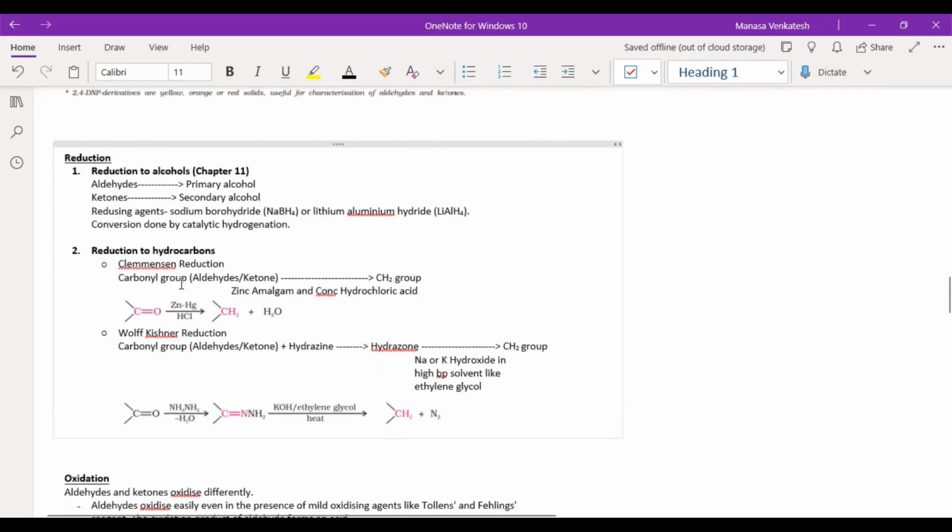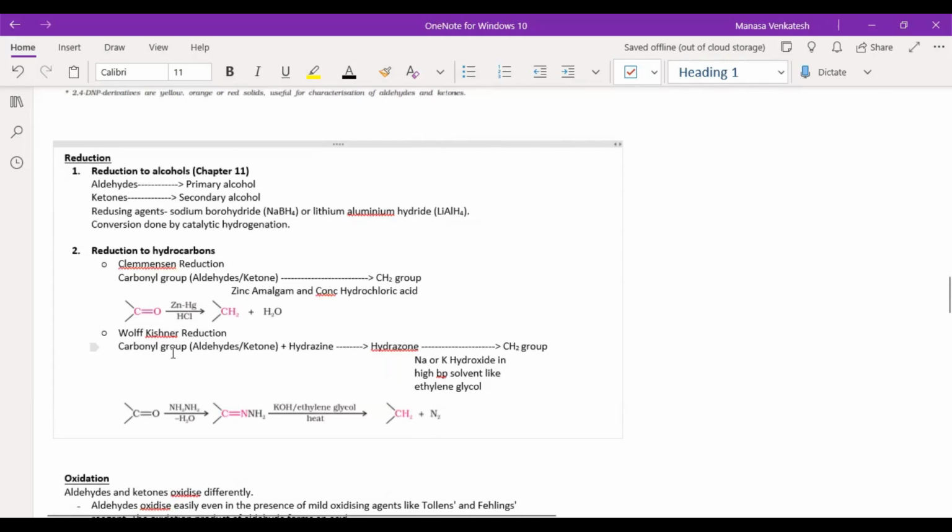So Clemmensen reduction involves the reaction with zinc amalgam and concentrated hydrochloric acid, and this leads to the formation of a CH2 group. Whereas the Wolff-Kishner reduction, also notice both these reactions give us the same major product, right? But the byproducts are different. In this case it's water, whereas here you have N2.